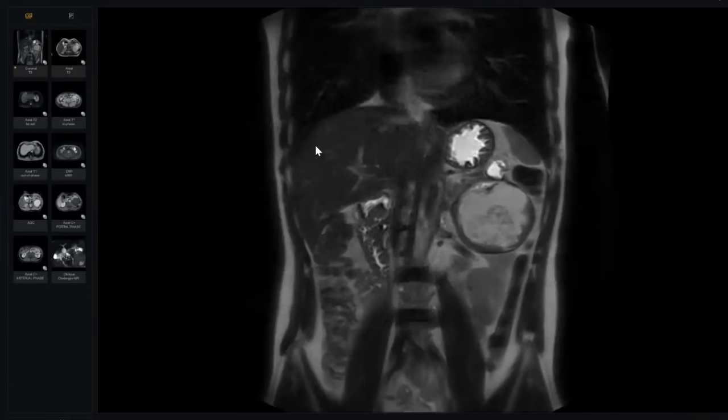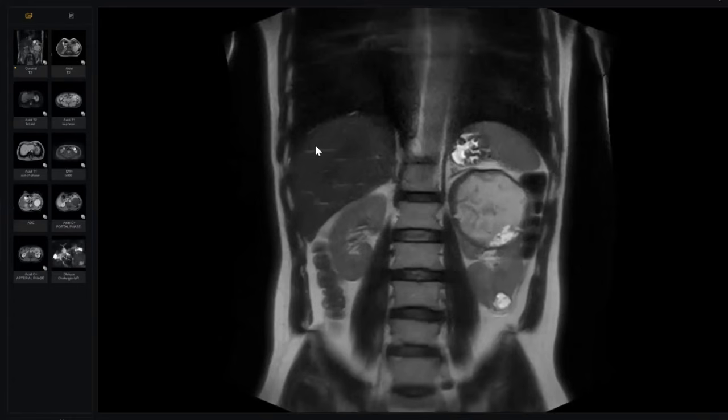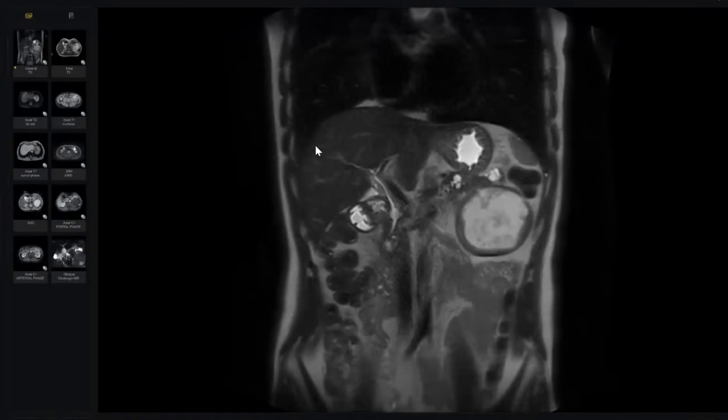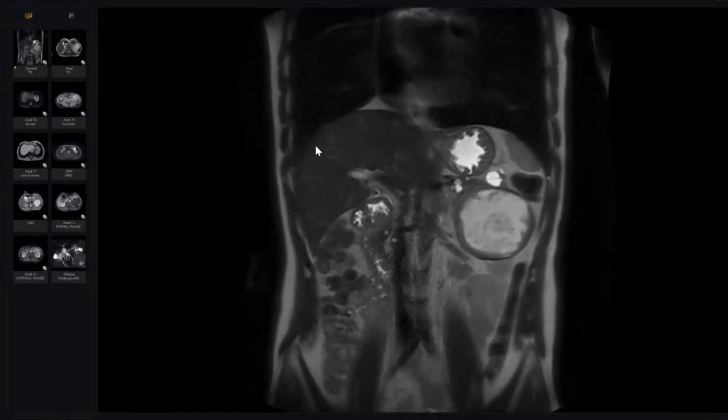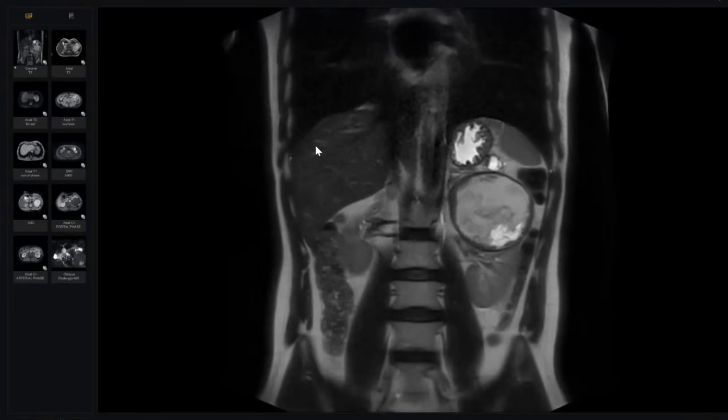So these are the T2 weighted MRI images of this patient, which further redemonstrates a heterogeneously hyperintense, well-defined mass lesion with a hypointense rim on the left side of the upper abdomen. I would just quickly check the organ of origin from where it is arising.